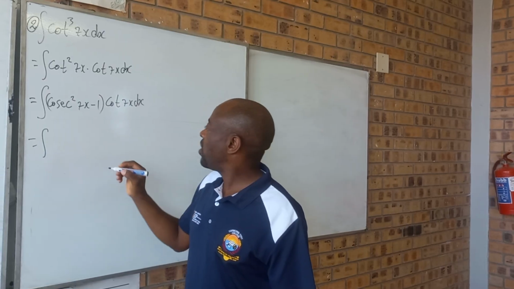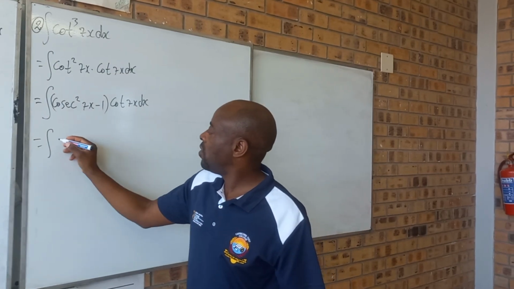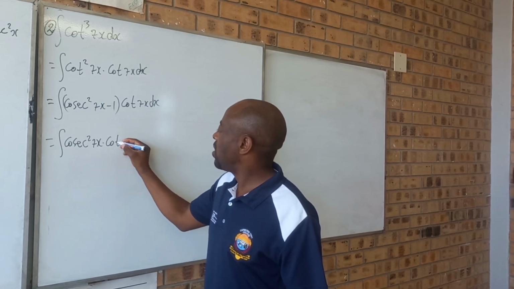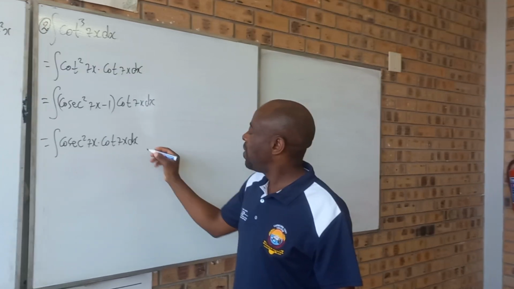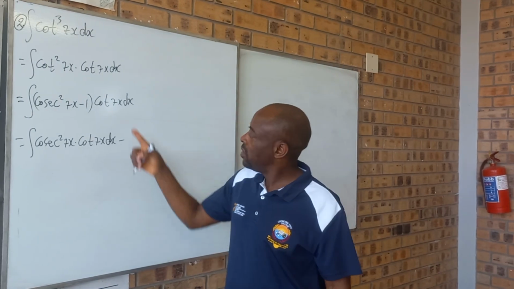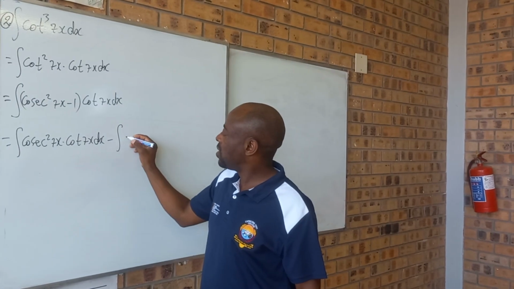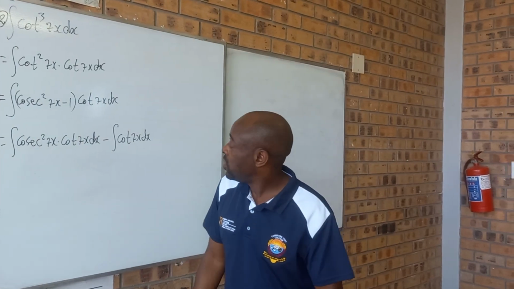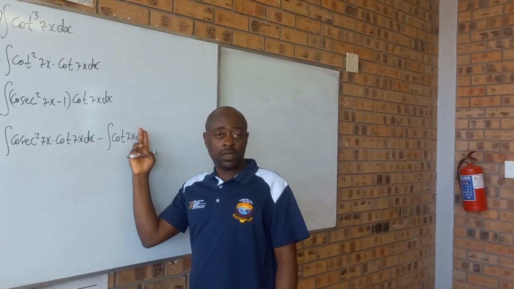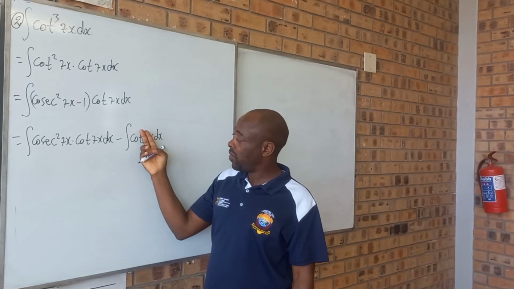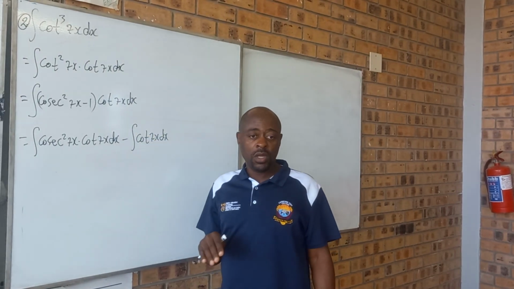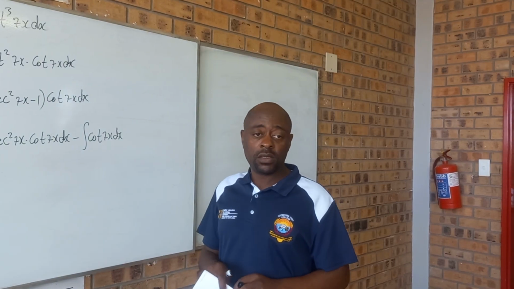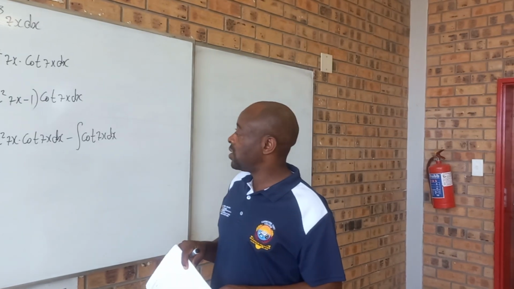So if I open the bracket, I'll get cosec squared 7x multiplied by cot 7x dx, then followed by the minus sign, then we multiply that, we get the integral of cot 7x dx. So just like before, the integral of cot 7x is on page 2 of our formula sheet. If you go to page 2, you look at column number 3, it will show you how to integrate cot 7x for Mathematics N6's formula sheet.